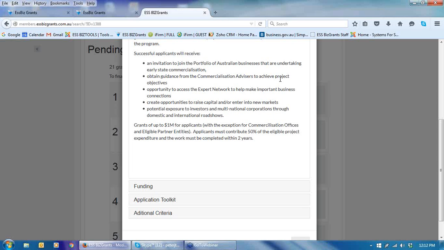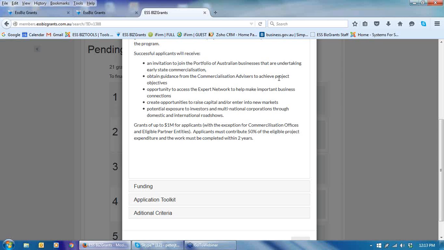But a word of warning, you need to have really thought through the application process prior to lodging the expression of interest. Because you could miss out, or your client could miss out, through the submission of insufficient information in the expression of interest component.